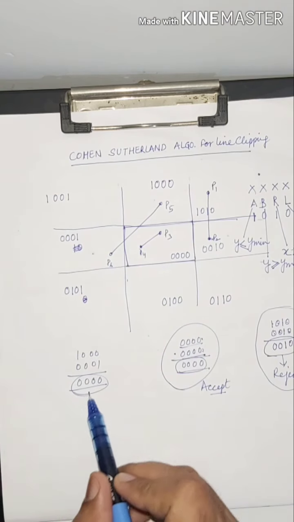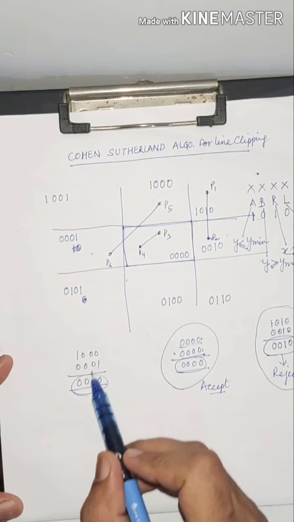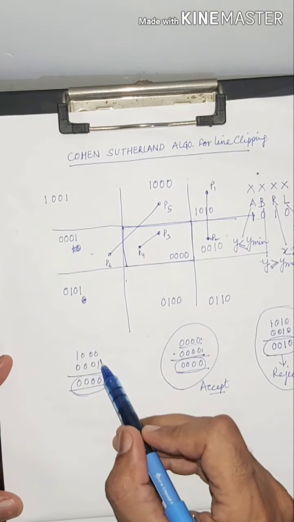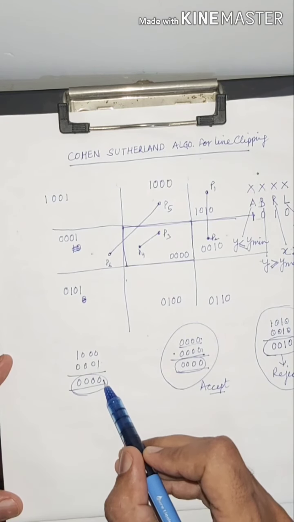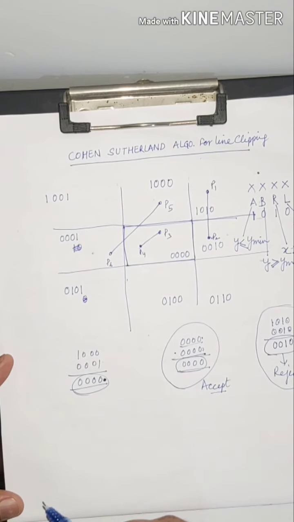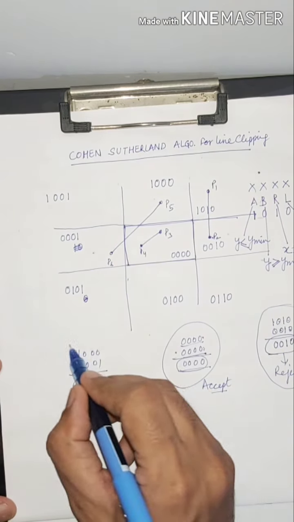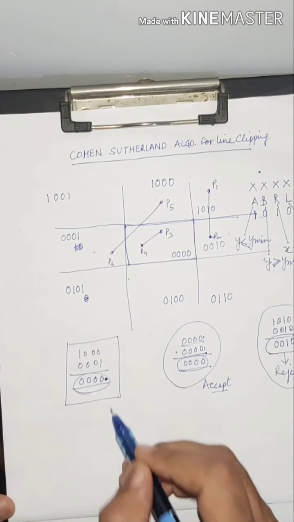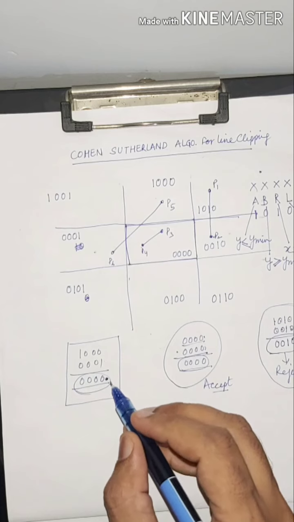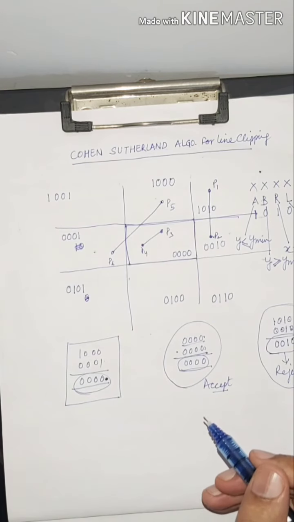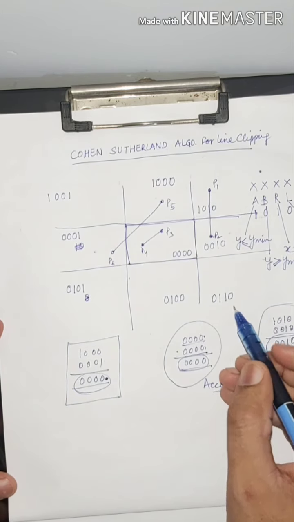Now comes the third case. In this case, if the individual region codes are not all 0 but the bitwise ANDing gives you 0, this means that the line lies partially inside the window. So here, this is the special case where you have to make some calculations. Here you will find the points of intersection, as we had done in the earlier case.